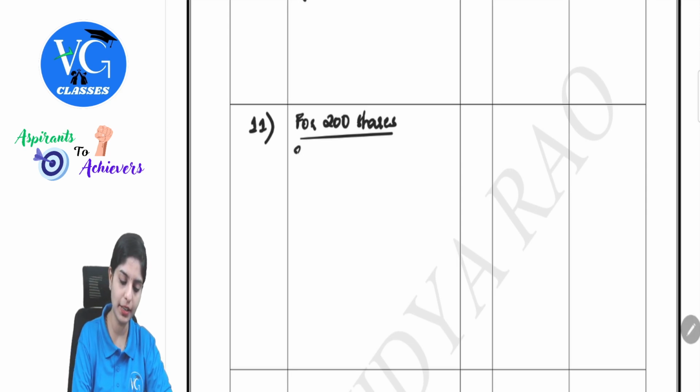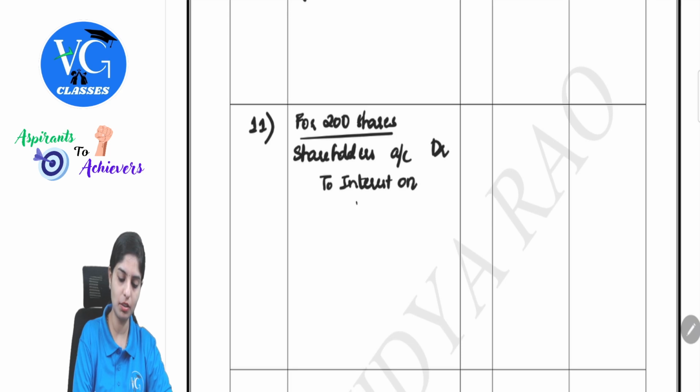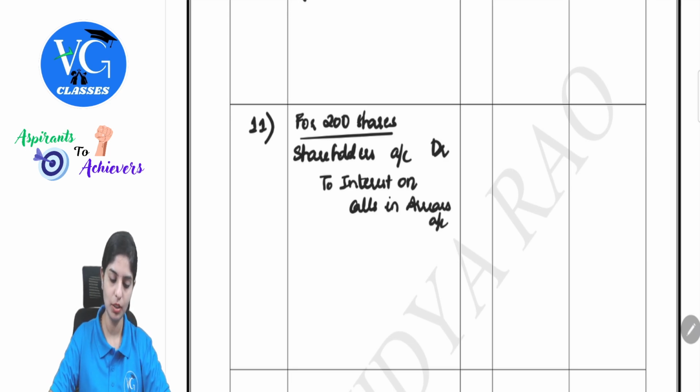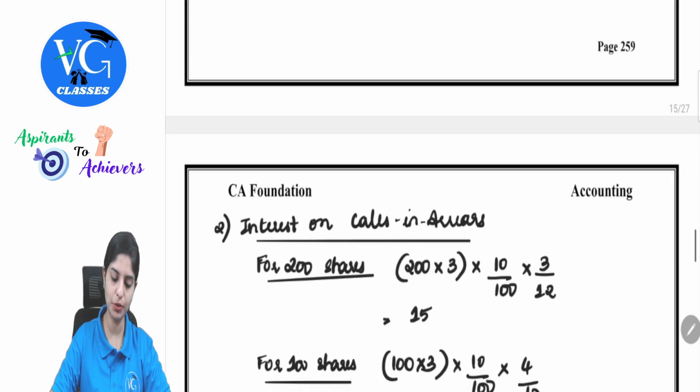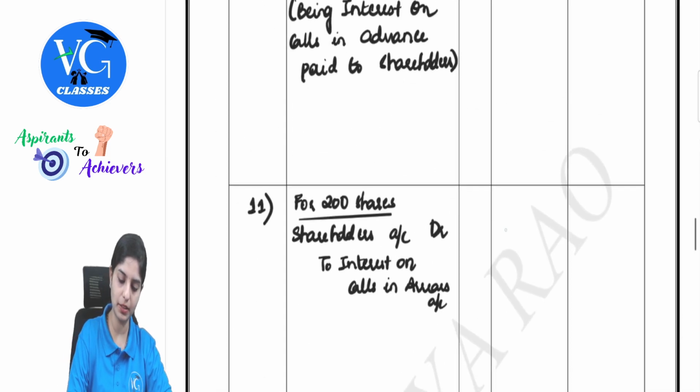So what will be the entry? Shareholder account debit to interest on calls in arrears. So what was interest on calls in arrears for 200 shares? 15 rupees.